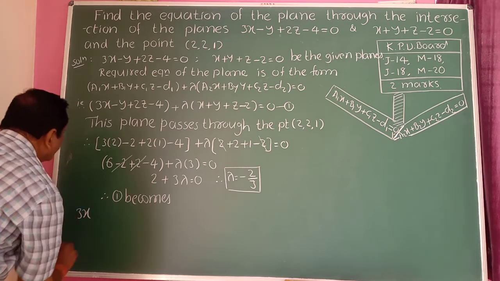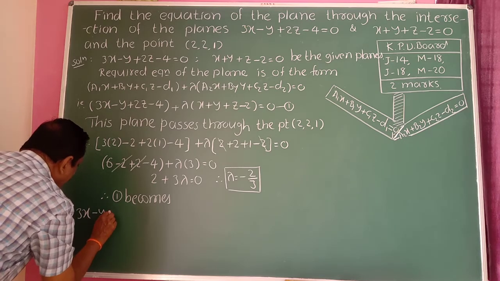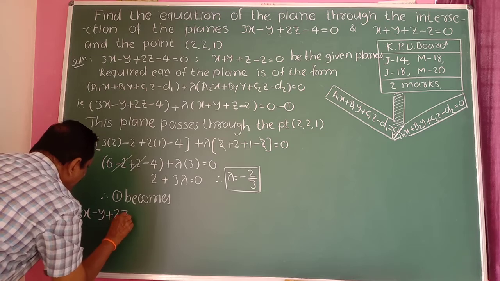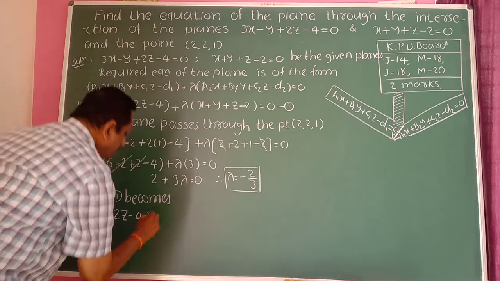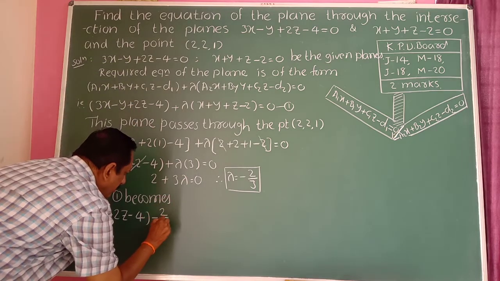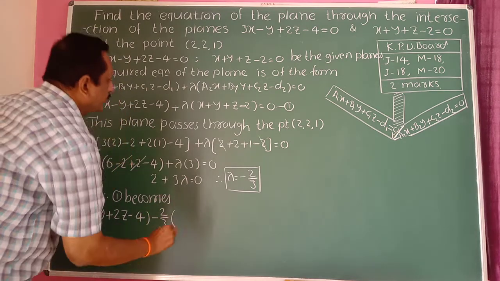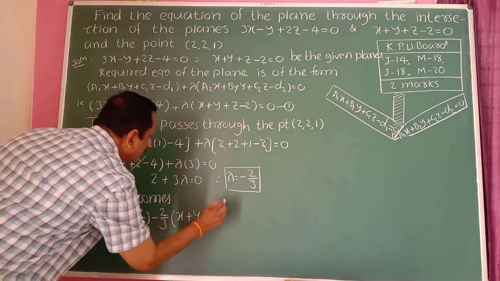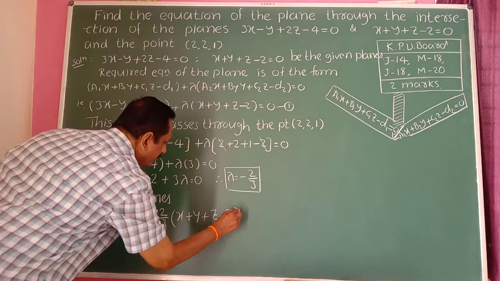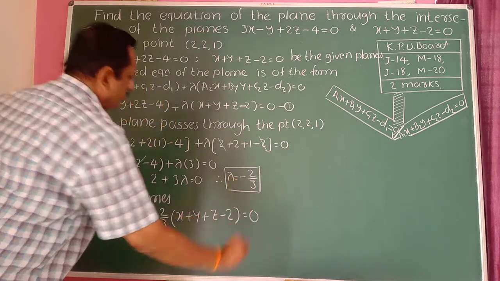3x minus (y plus 2z minus 4), then minus 2 upon 3 into (x plus y plus z minus 2), that is equal to 0.